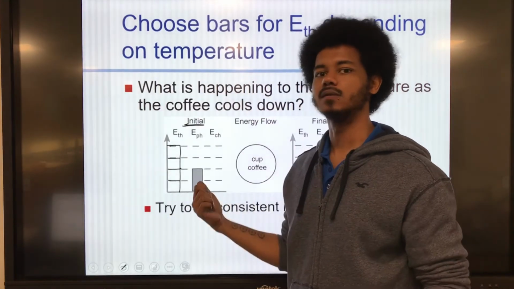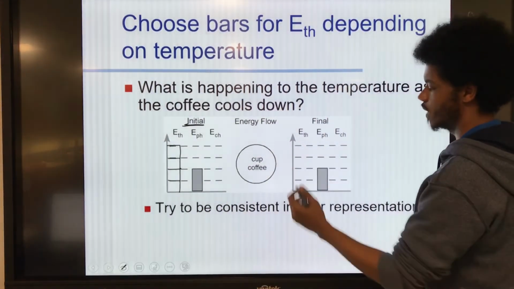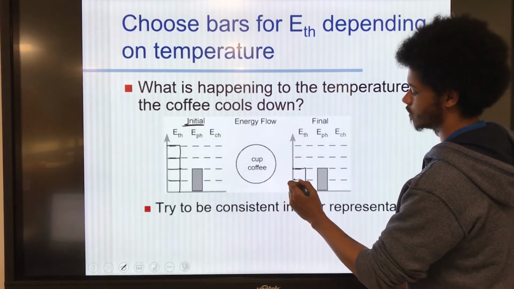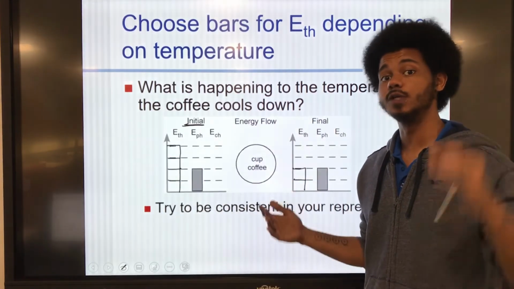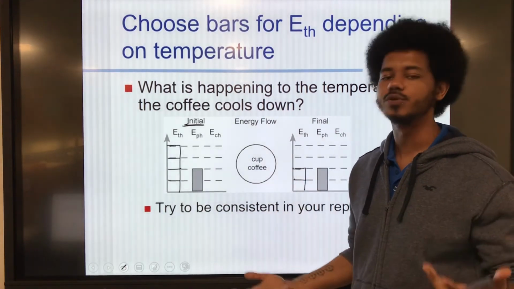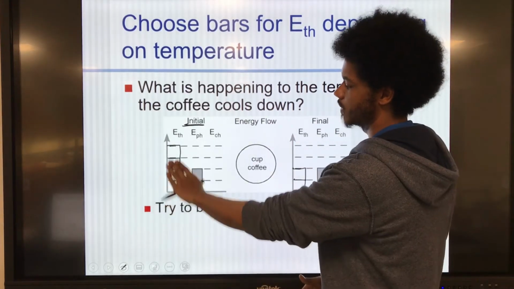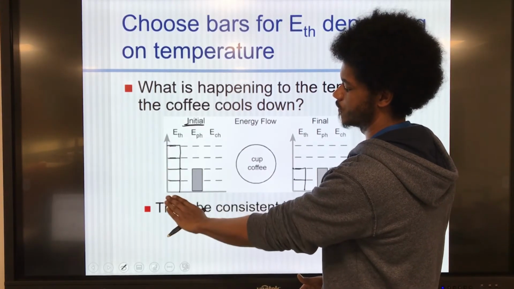What about finally, after the coffee has cooled down? Well, I just need to represent that there are fewer energy bars. The thermal energy for the coffee goes down because the temperature goes down. We started off with very hot coffee, lots of thermal energy over here, 4 bars of thermal energy.